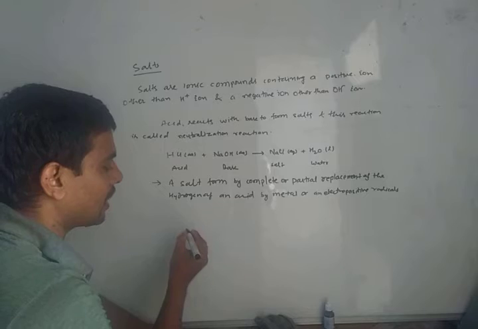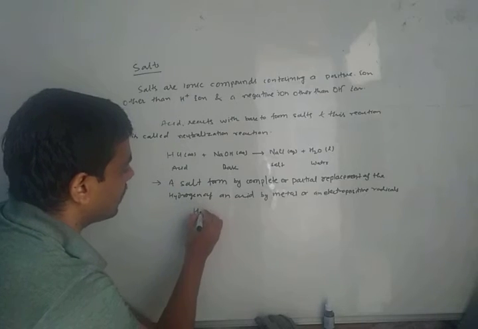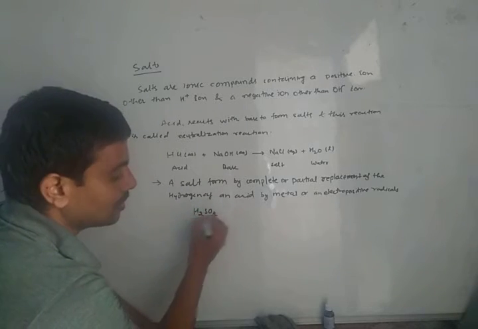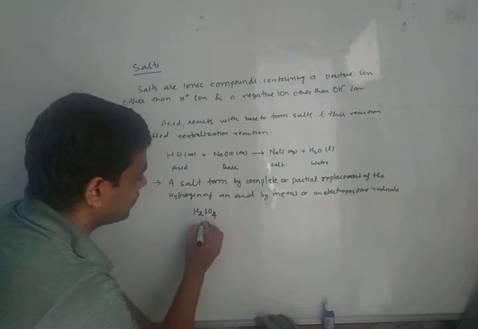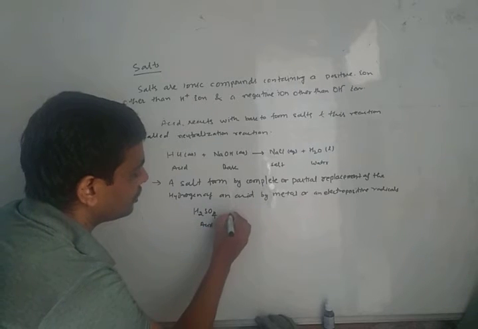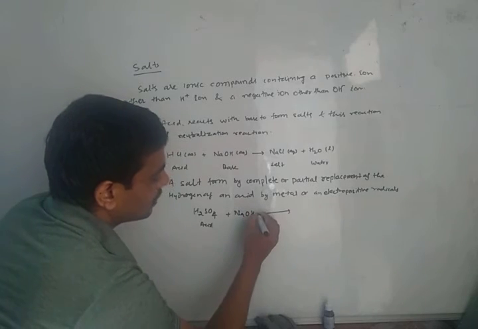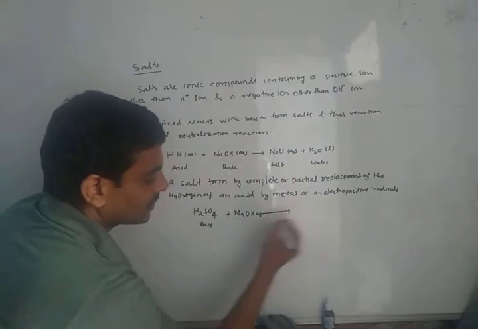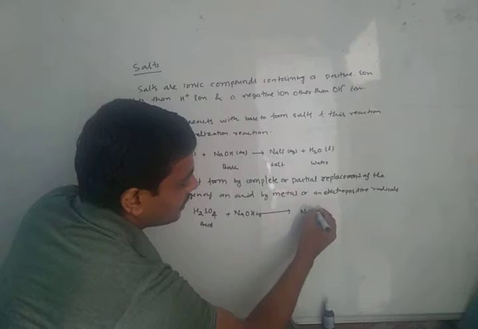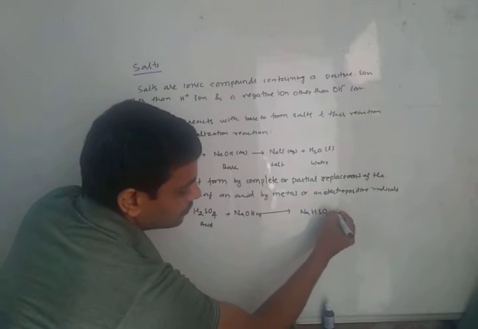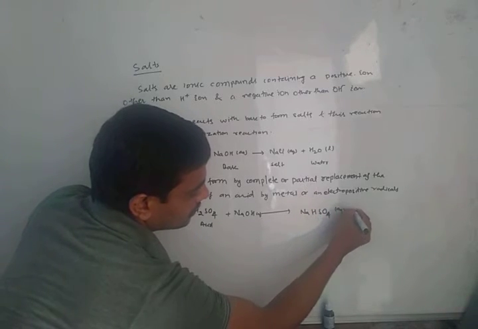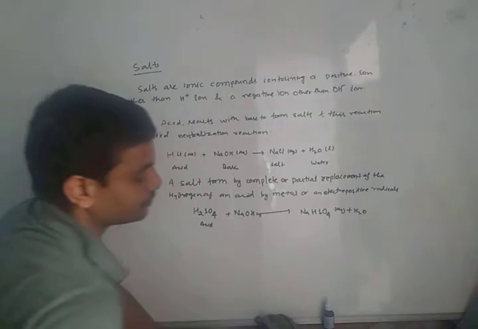Again, we can write some examples. For example, H2SO4 is an acid, and when treated with NaOH aqueous, it gives NaHSO4 aqueous plus H2O.